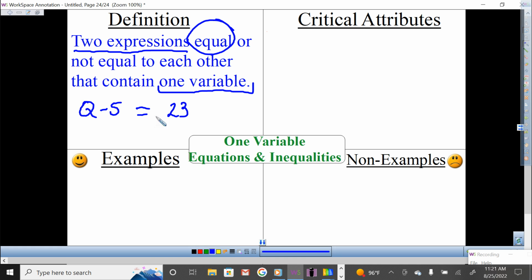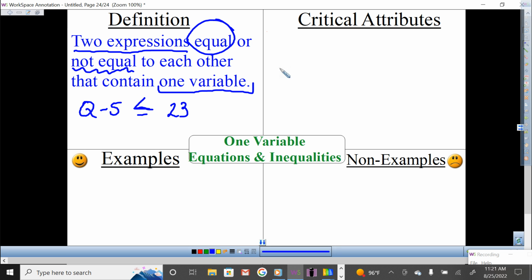Do you only see one variable in the whole thing? Yes. But it says equal or not equal. What do we know about not being equal? What kind of statement is that then? An inequality. It's either equal or not equal.